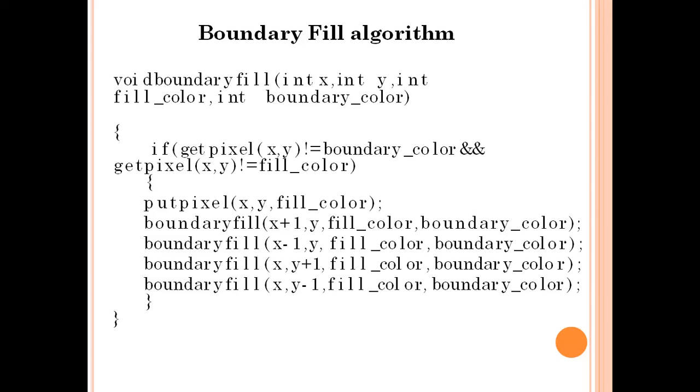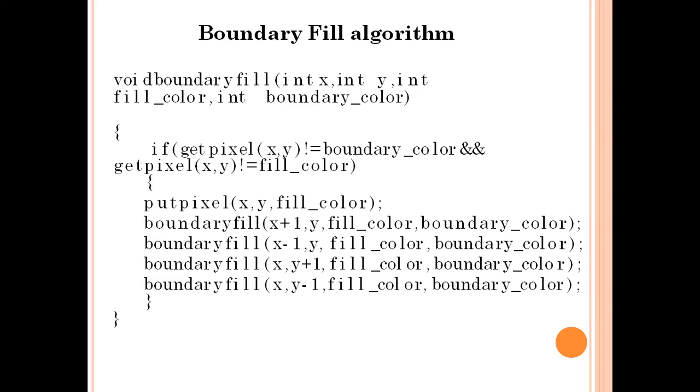The condition is that whenever we get a pixel, we have to compare its color with the boundary color. If that pixel and boundary color are the same, then that code will not get executed. If that pixel already has the new color which we want to use for filling, then that pixel will not get colored, because we have already colored that pixel.